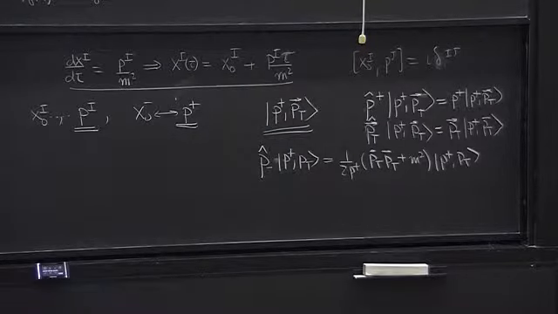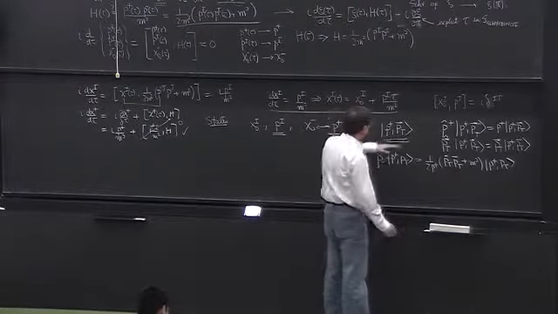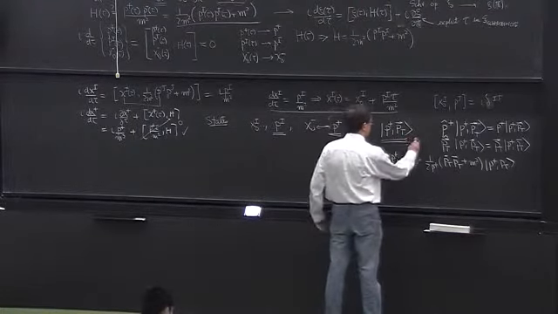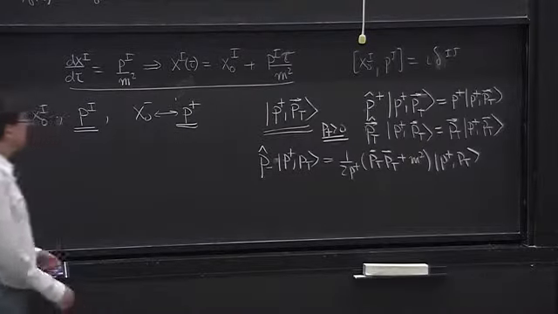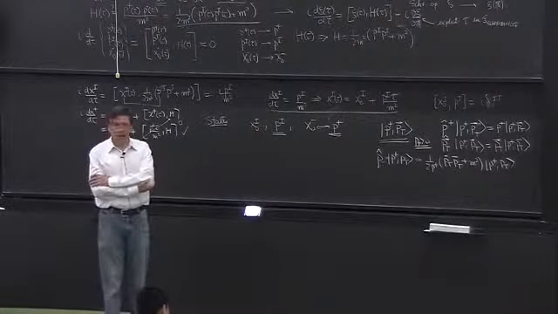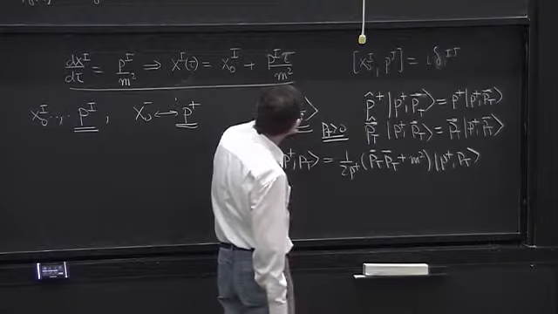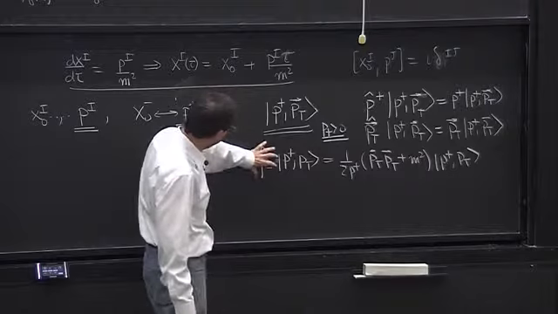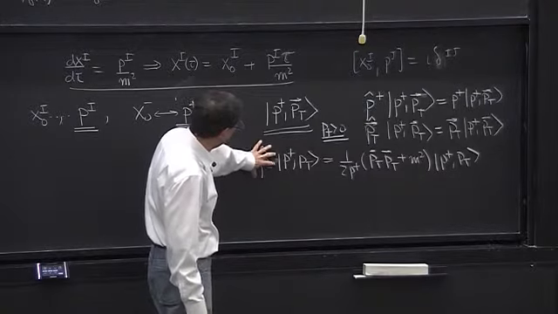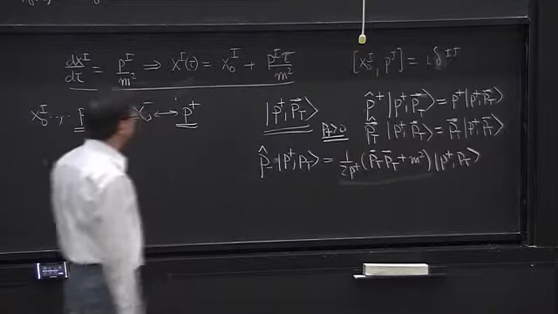We want to declare these states to be the physical states of our theory. Given the remarks we had before, we consider these states with P plus positive. These states are particle states, the states of a particle with momentum P plus and P transverse. It's also an eigenstate of P minus, and the eigenvalue is the light-cone energy.